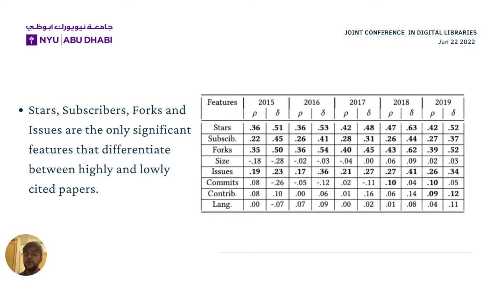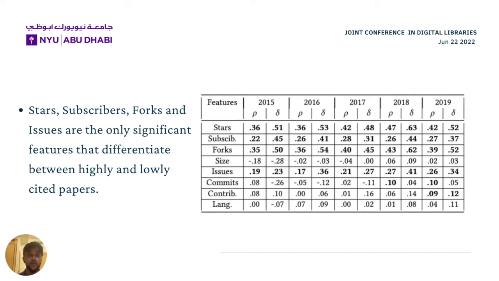The Pearson correlation measures the simple linear correlation between raw citation values and the raw value of these repository attributes, while the Cliff's delta is similar to before. It's a measure of the effect size, measuring the difference in the distribution of the repository attributes between highly and lowly cited papers.